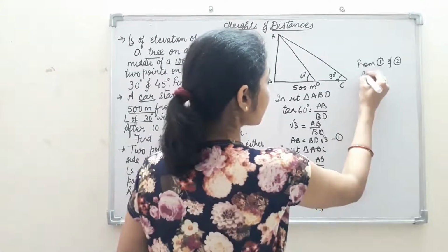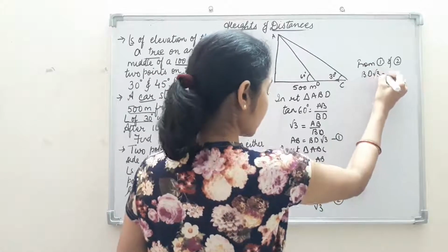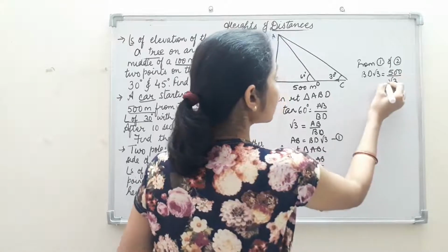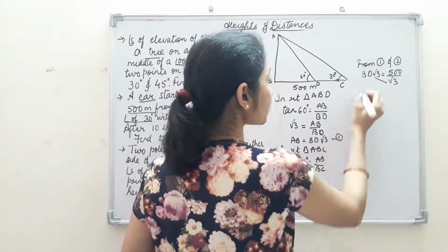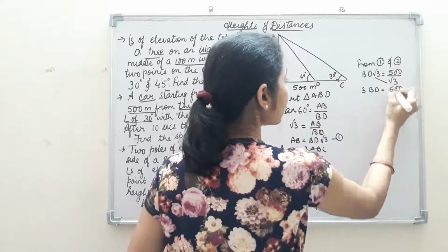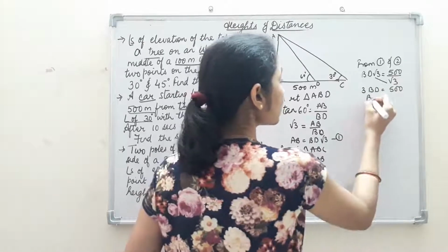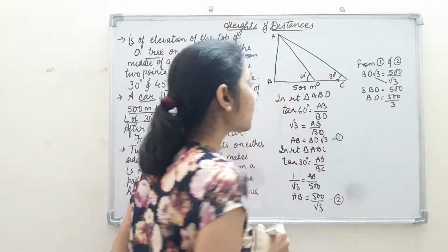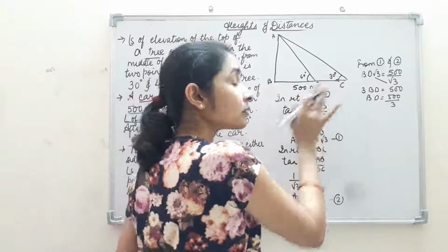So BD √3 is equal to 500 upon √3. This √3 I will multiply here. So I get 3BD is equal to 500. So BD is equal to 500 upon 3. But I want CD.